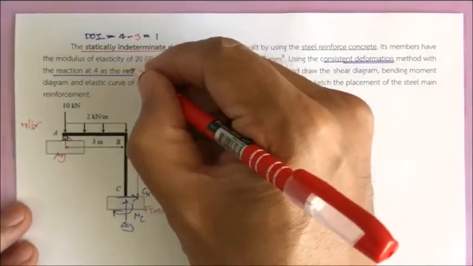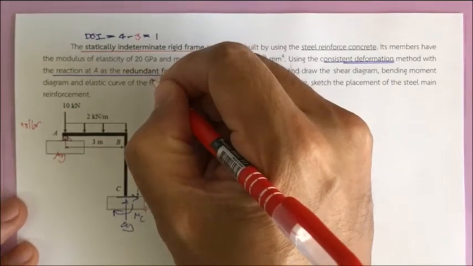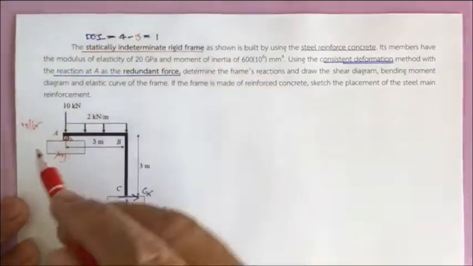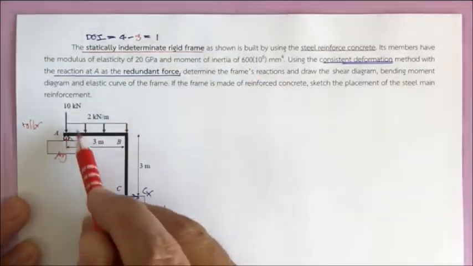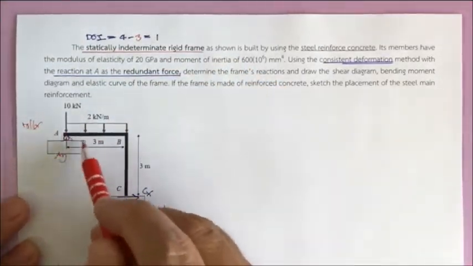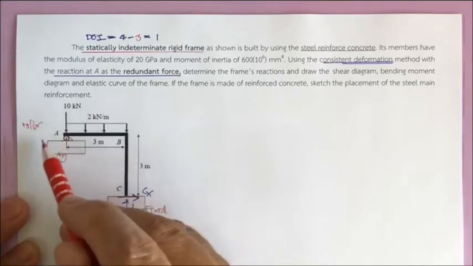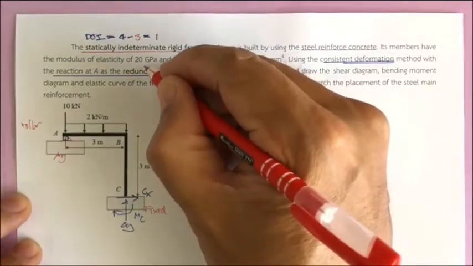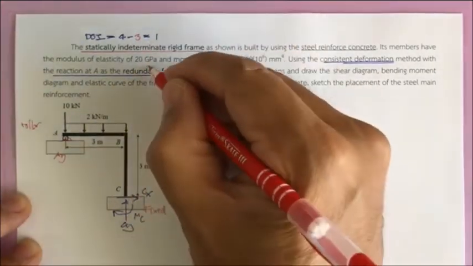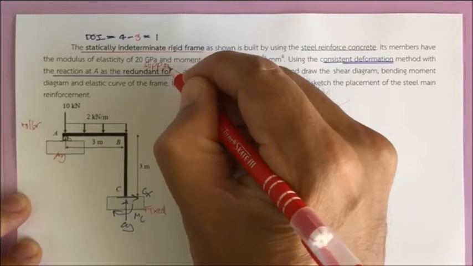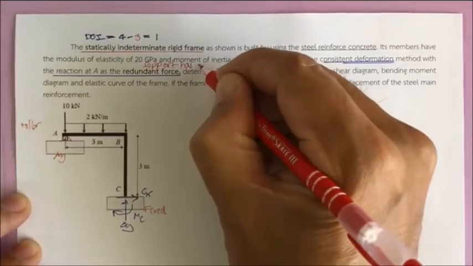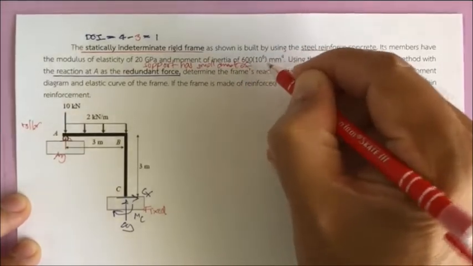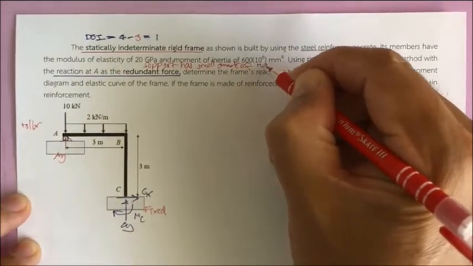Typically, when we select the reaction to be the redundant, we usually select the support that has only one reaction, or the support that has a small amount of reaction.